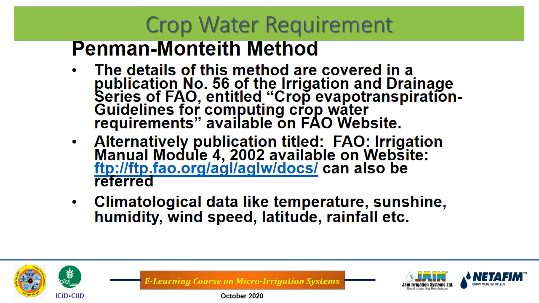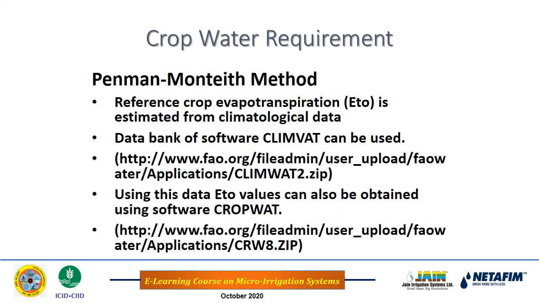Alternatively, there is a publication titled FAO Irrigation Manual Module 4, which is available on the website indicated here. Again, with climatological data like temperature, sunshine, humidity, wind speed and latitude, there is an empirical relation provided that is used for computing the reference evapotranspiration.